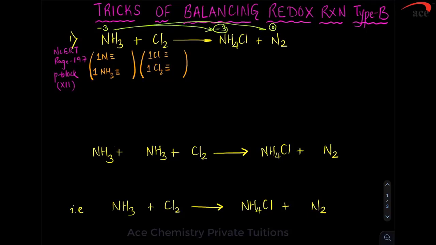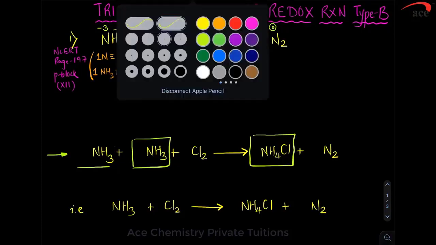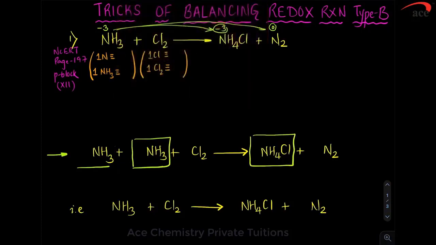In such questions, always write down the same reactant 2 times. So if you see the second, in this case we have written the same ammonia 2 times. And what we do is we correlate this ammonia and its balancing with this part where the oxidation state remains the same. The oxidation state of nitrogen is -3 and -3.